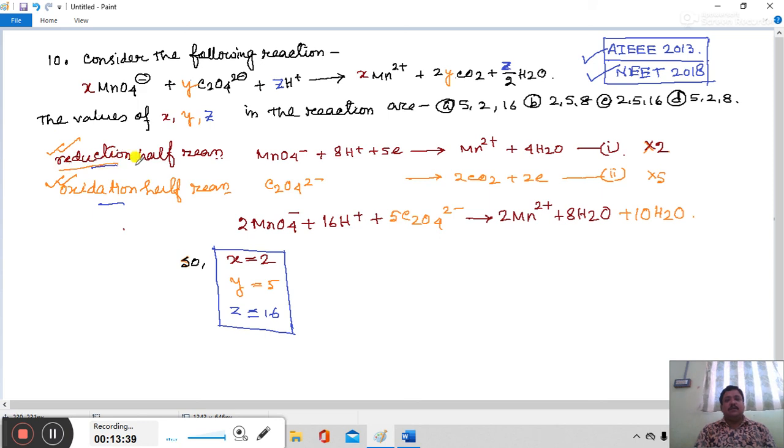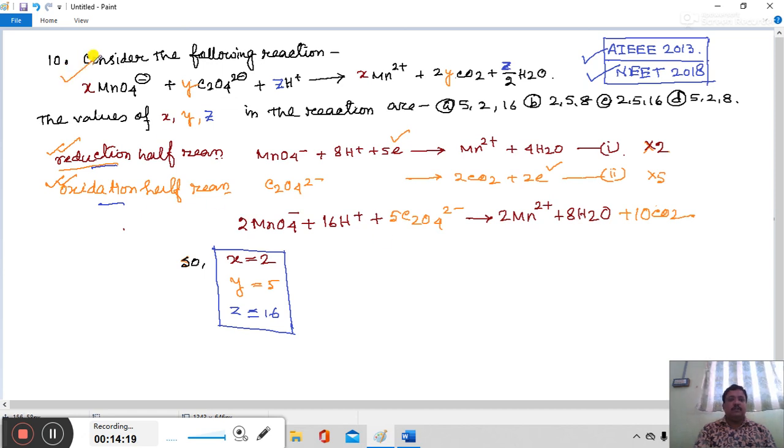Now balancing the electrons in both reactions, we multiply equation 1 by 2 and equation 2 by 5, and we get 2 MnO4- plus 16H+ plus 5 C2O4 2- gives 2 Mn2+ plus 8H2O plus 10 CO2.